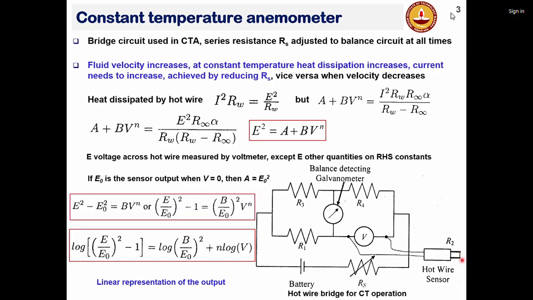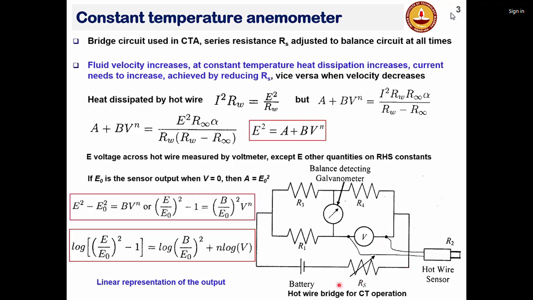Consequently, the temperature of the wire tends to fall. But since it is a constant temperature anemometer, the circuit tries to maintain the wire at a constant temperature. Now, in order to achieve that, something needs to change.